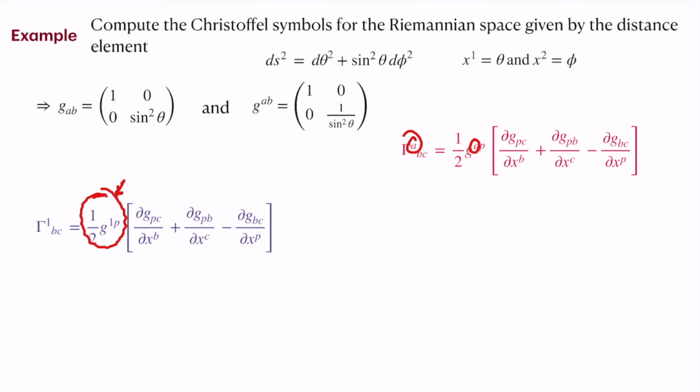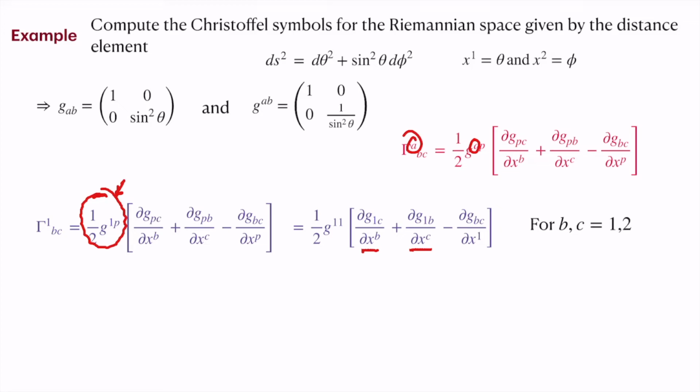When P takes the value of 2, this metric is 0. So in principle, we can write it as g11 and then g1C differentiated with respect to xB, plus g1B differentiated with respect to xC, minus gBC differentiated with respect to x1.